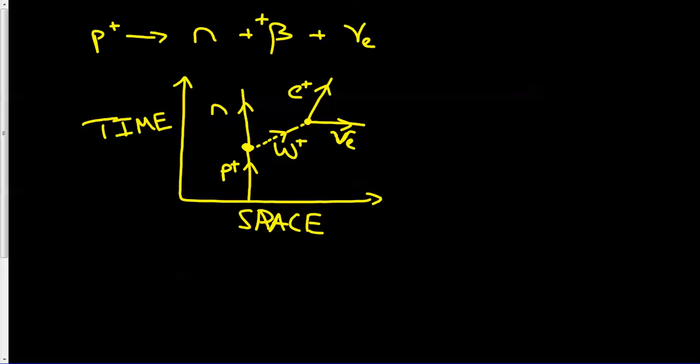Just a couple little things. Generally, when we're talking about this exchange of either the W plus or W minus or Z boson or our photon, if we're talking about photons, we'll typically show the electromagnetic force, the photons, during this exchange as squiggly lines.